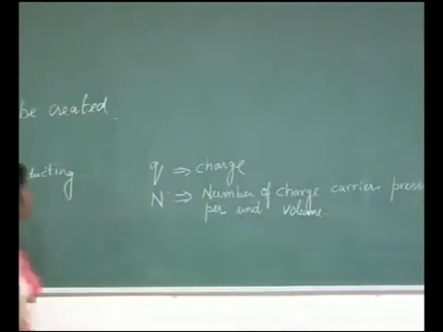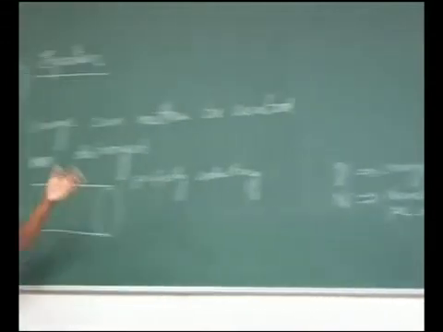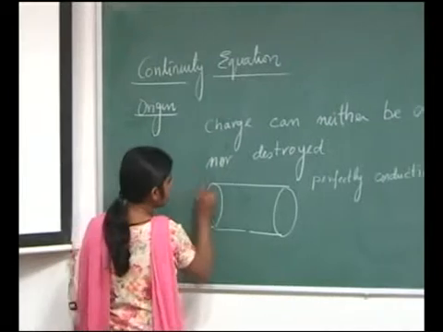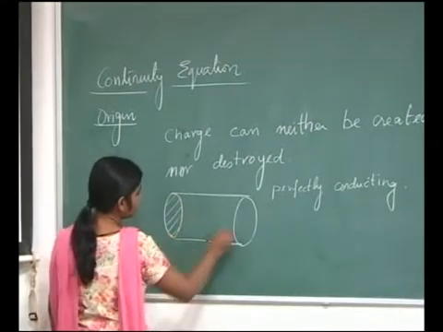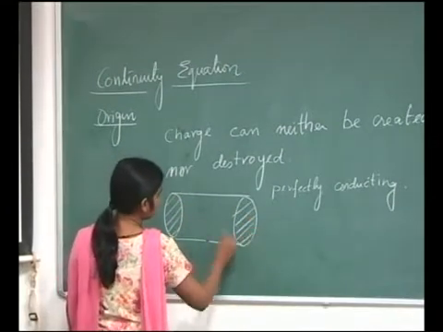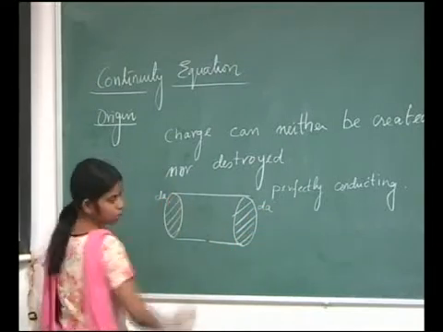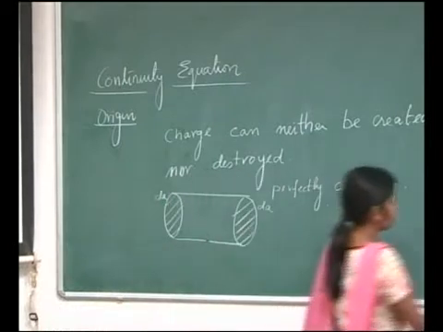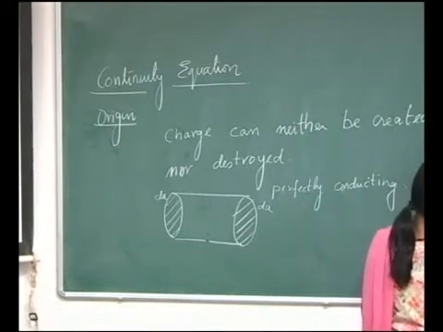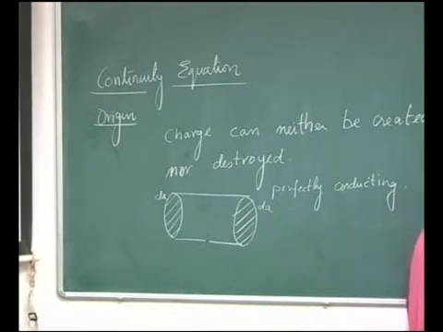Now, I assume that there are n charges, and the cross sectional area is dA.